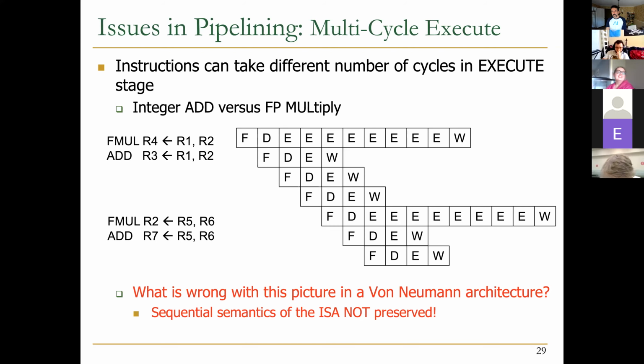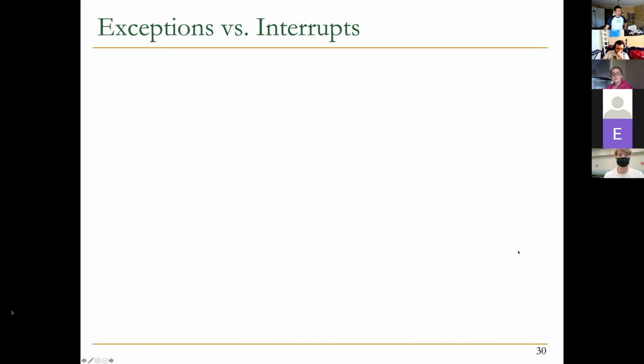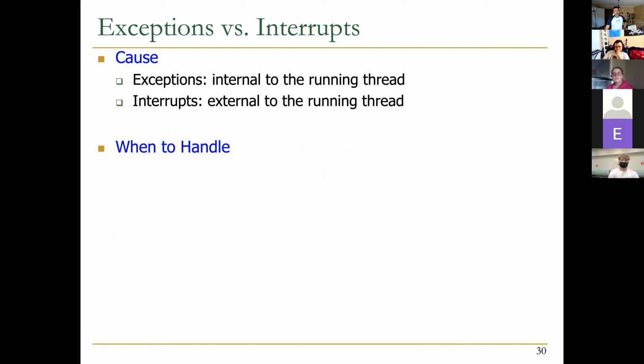I'm sure now you have a much better understanding of what I'm saying, and this is very important. Having this property, this property of the von Neumann model's sequential execution, is important for some reasons.